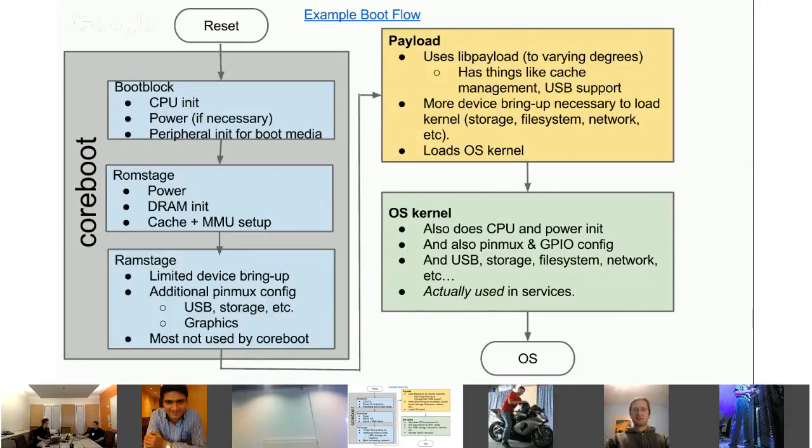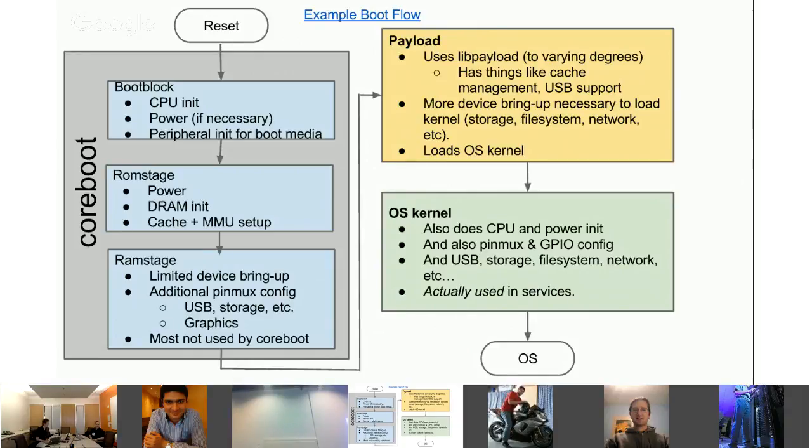Might do some peripheral initialization, especially on the ARM and embedded platforms where you need to set up a lot of things such as your clocks and your pin muxes, just so that you can set up the SPI peripheral and then read ROM stage and go on. And then, of course, things flow, and eventually you get to RAM stage.